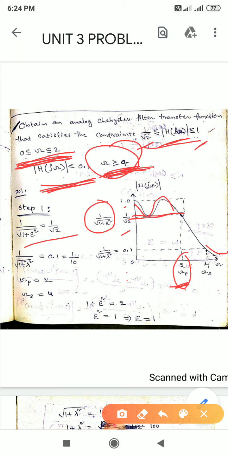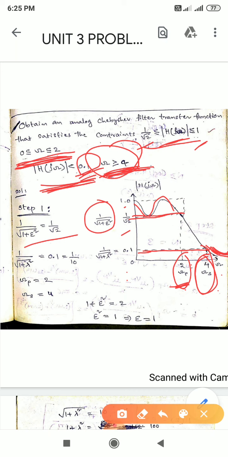At this stop band frequency the magnitude is 0.1, and as we increase the frequency above 4, the amplitude decreases monotonically.